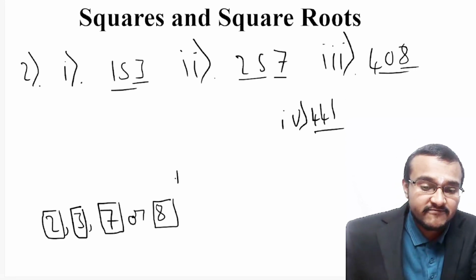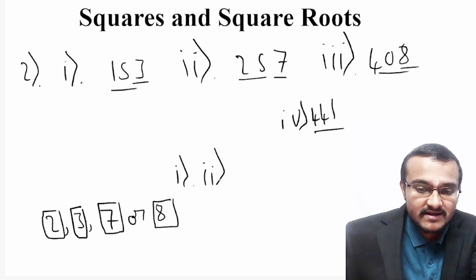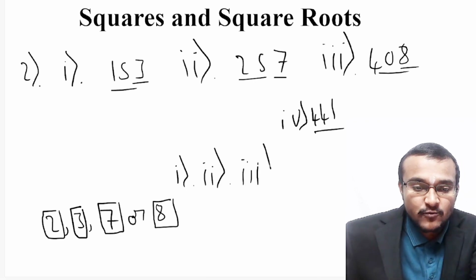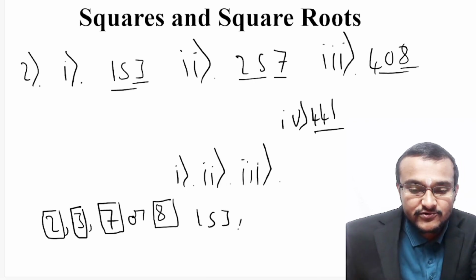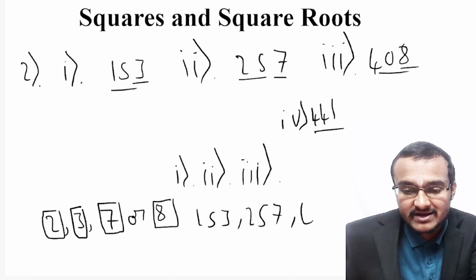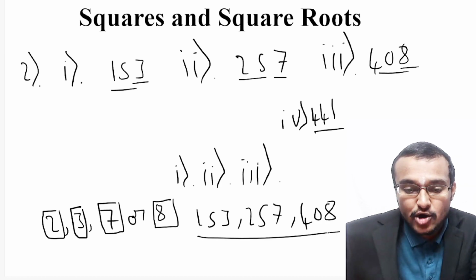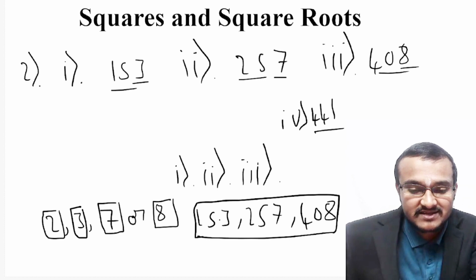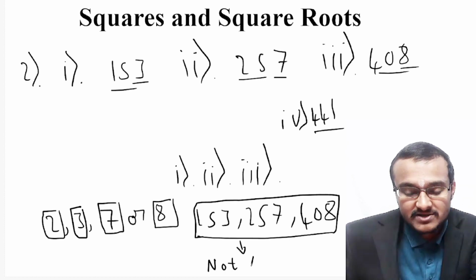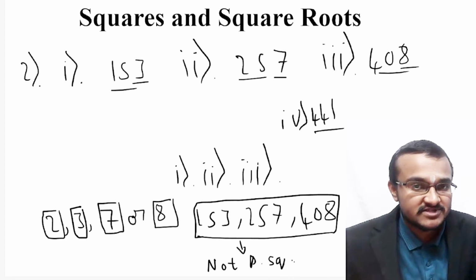So here the first one, second one and third one, that is 153, 257 and 408, are not perfect squares. So these 3 numbers are not perfect squares. So this is the answer for the second question.